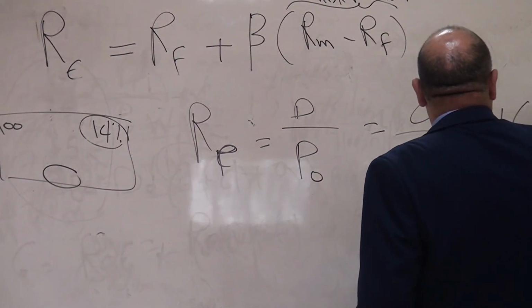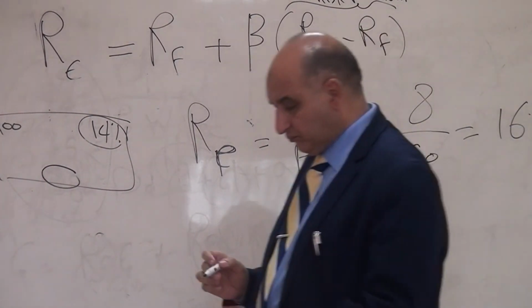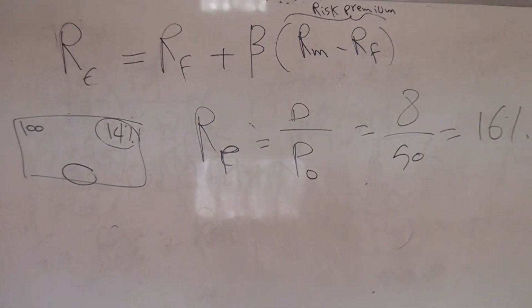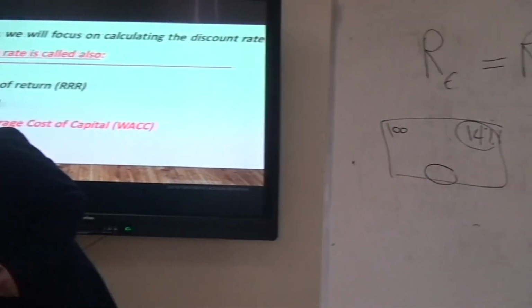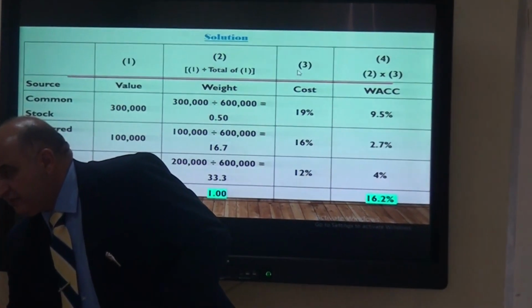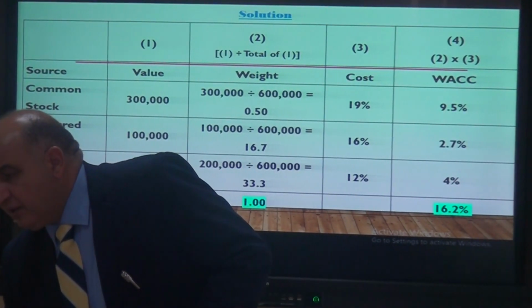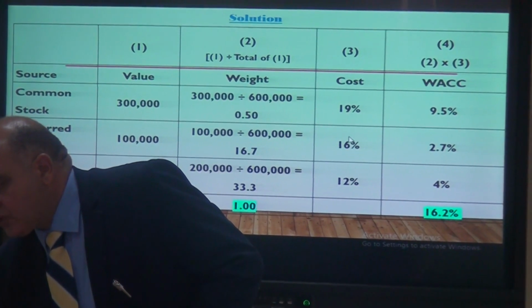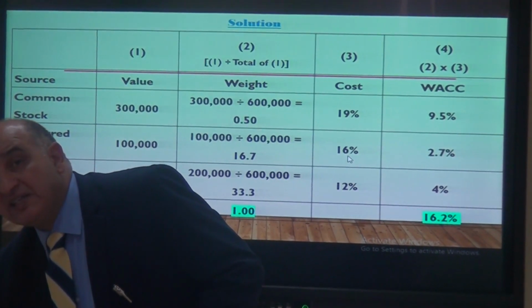This is 16%. So I have to go to my table and put here in front of preferred stocks that the cost of preferred stocks equals 16%.